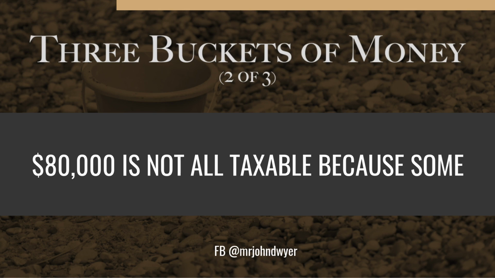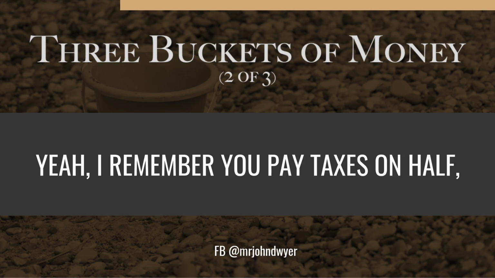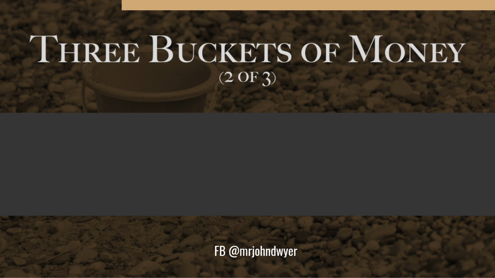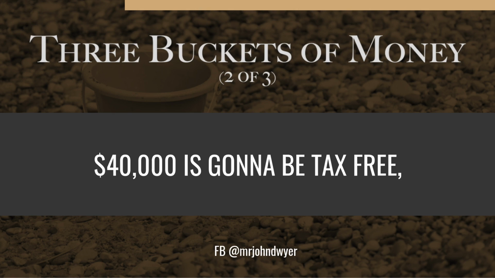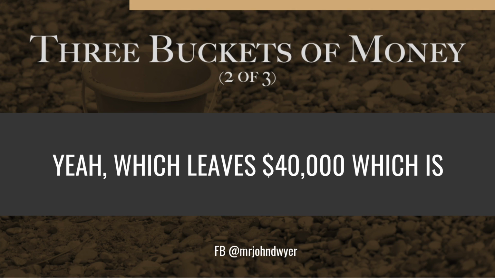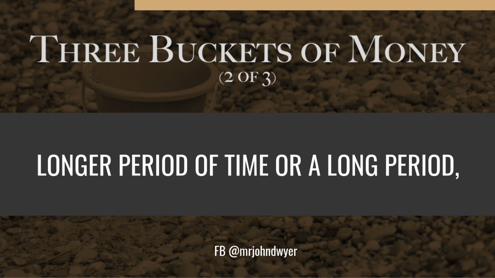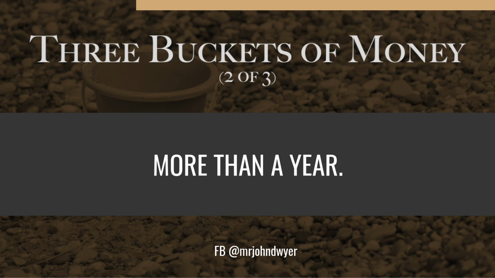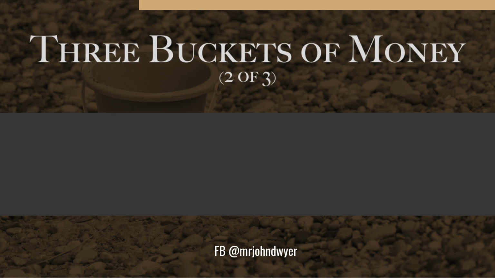Now, $80,000 is not all taxable because some of that is a return of your money. Remember, you pay taxes on half. So when you take out $80,000, the first $40,000 is going to be tax-free. And it's tax-free because you've already paid the taxes on it. Which leaves $40,000, which is taxable. Now, because you've held these assets for a long period of time, more than a year, you get to pay what's called capital gains tax.